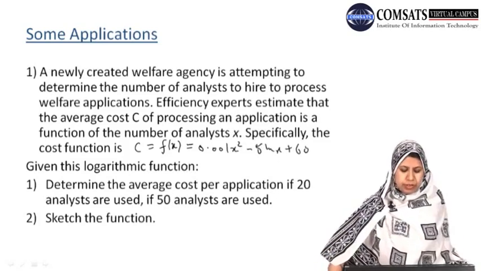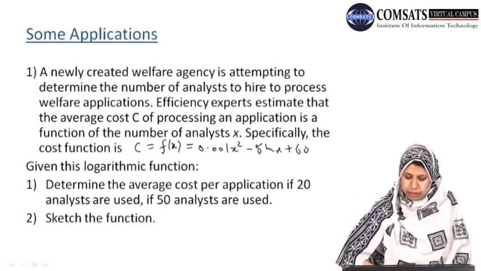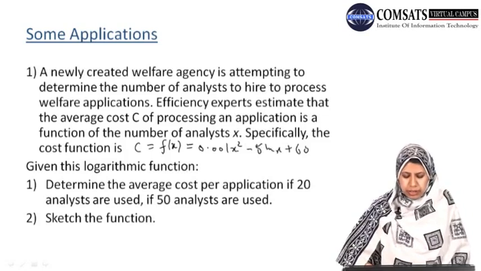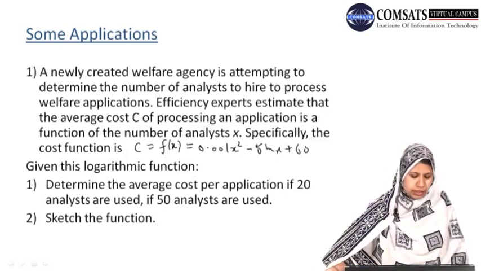So we are given this log function and we are asked to find the average cost per application if 20 analysts are used and if 50 analysts are used, and what will be the graph of this function.